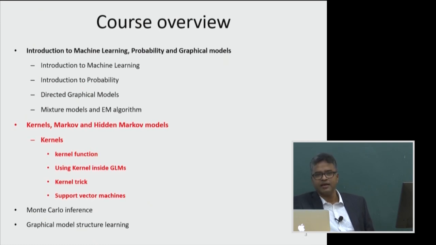The matrix K, an n by n matrix, is said to be positive definite if for every non-zero column vector z, z transpose K z is greater than 0, and the kernel K is said to be a Mercer kernel if the gram matrix is positive definite.